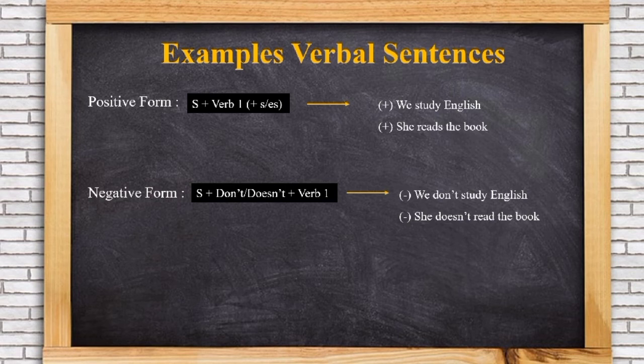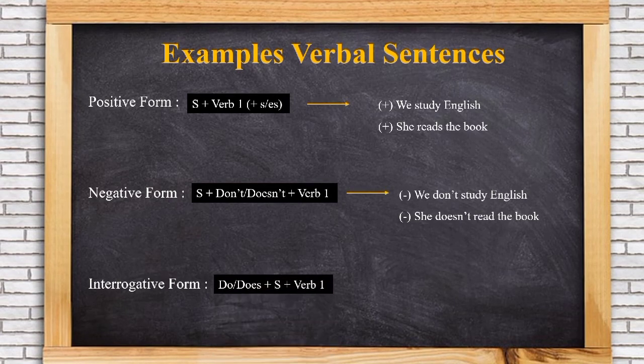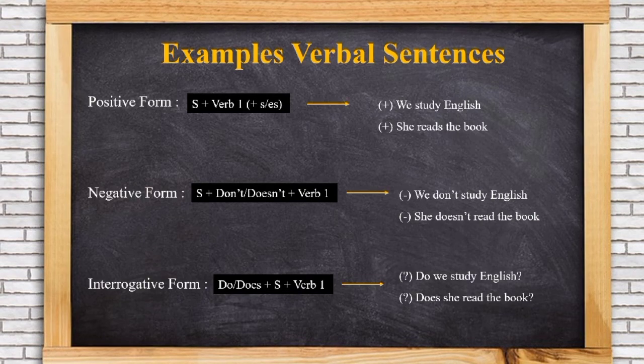The last is the examples of verbal sentences in the interrogative form. Once again, remember, the formula for interrogative form is do or does plus subject plus verb 1. Now, look at the examples. Number 1.